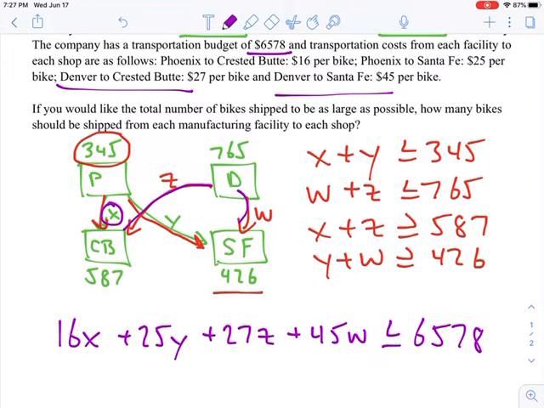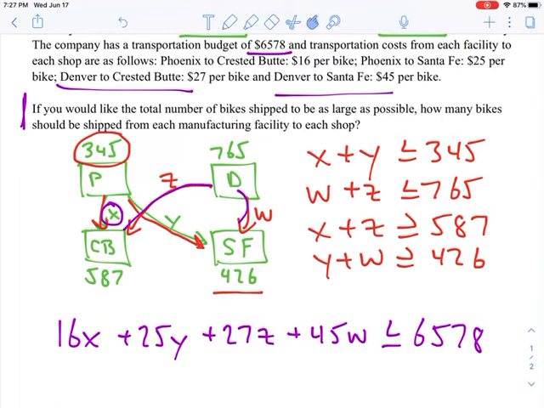Now, usually I say figure out what we're optimizing first. That's going to come down here at the end. If you would like the total number of bikes shipped to be as large as possible, how many bikes should be shipped from each manufacturing facility to each shop?